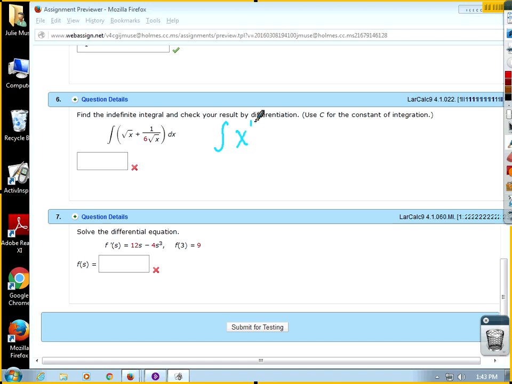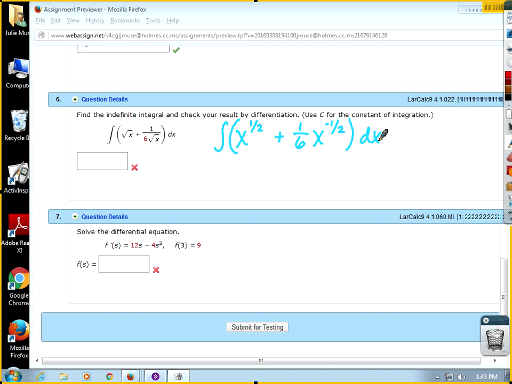We need to rewrite the square root of x as x to the 1/2, and then 1 over 6 square root of x would be 1/6 x to the negative 1/2 with respect to x.